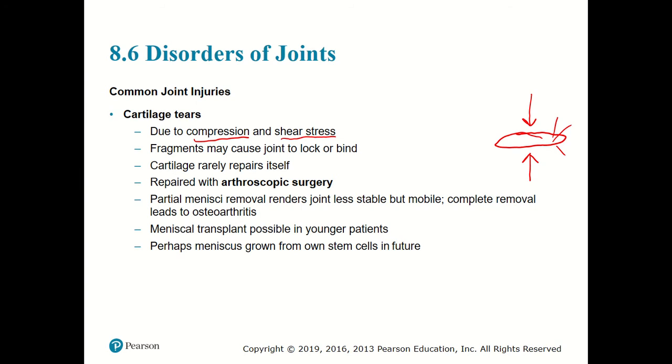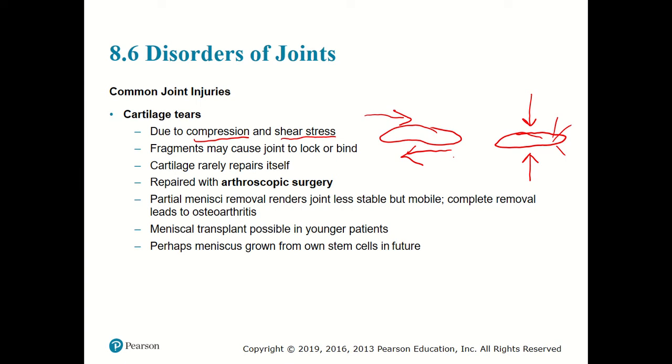That's compression. And what about shear stress, right? If I drew another piece of cartilage here, and then I draw the force applied, one force goes this way, and the other force pulls it this way. And so that pulling can cause shear stress. It's like taking a piece of paper and tearing that piece of paper in half, right?